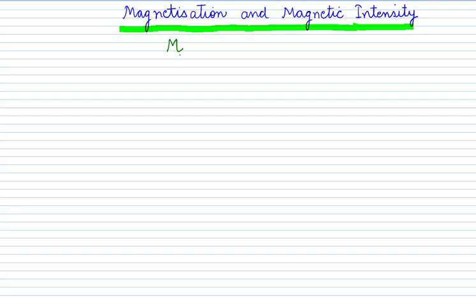Now what is this magnetization M? This is the net magnetic moment per unit volume. So if you divide our magnetic moment, now we will show it with small m, otherwise both will be capital M, so mind this thing, now we are showing our magnetic moment with small m and we divide it by the volume.